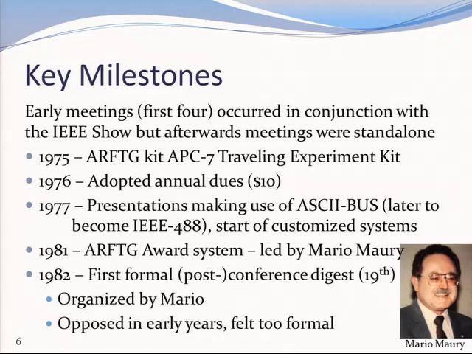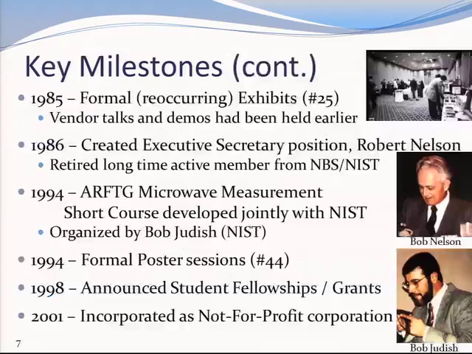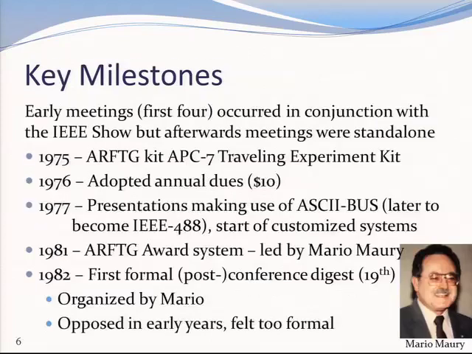It started doing things like, in '75, the traveling kit experiment, a verification kit, so that we could do accuracy studies. And that kit has probably been to more countries than most of us have been to. It would go to essentially almost every national standards laboratory in the world.